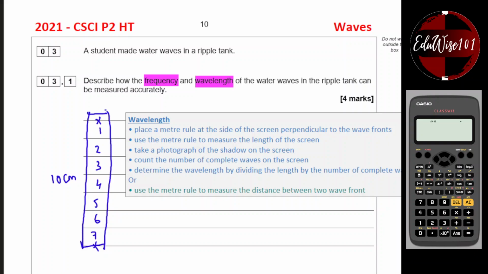So the total length of 7 waves is 10 centimeters. To find how long one wave is, you divide 10 centimeters by 7. That will give you the average wavelength of one wave. The second method is simply measuring the distance between two wavefronts. That is not going to be very accurate, but both methods are acceptable here.